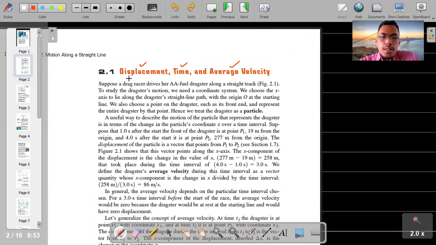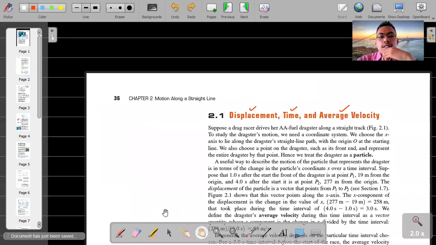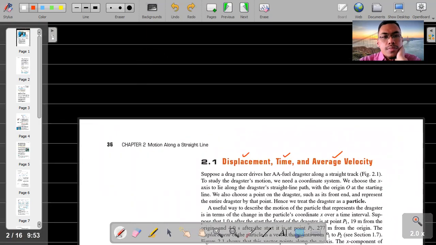And also the displacement. In our previous meeting, there are 2 types of length. If we make some kind of table, I will put this one as scalar, and this one as vector.